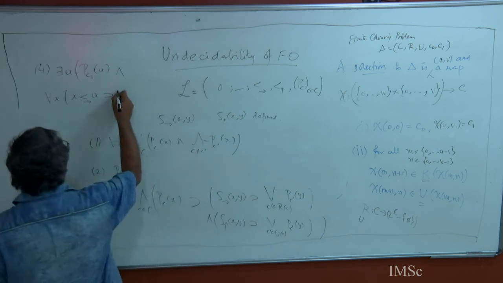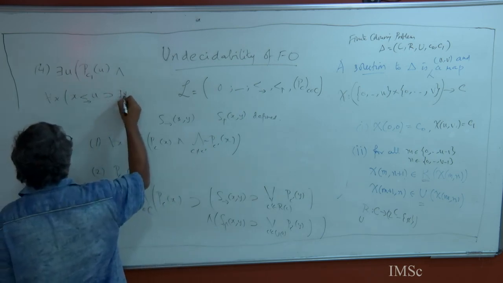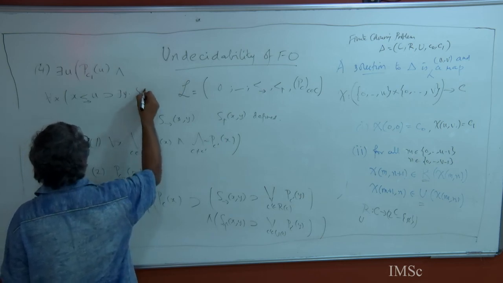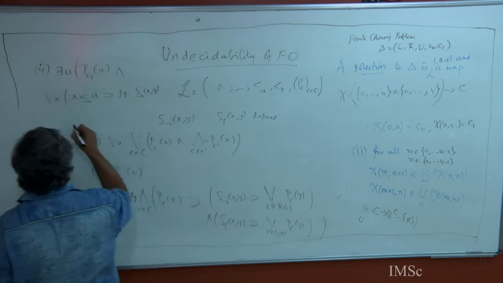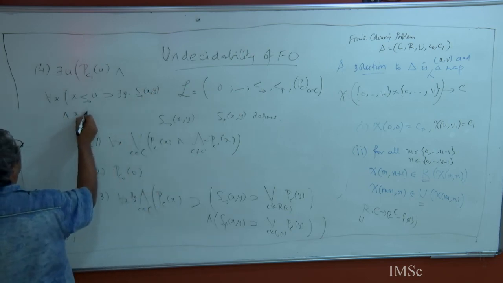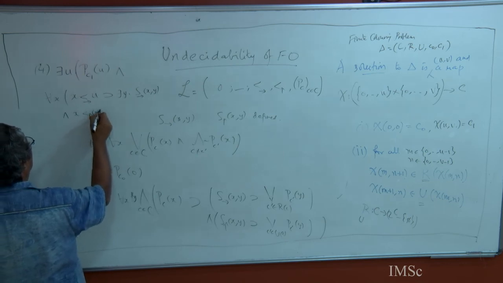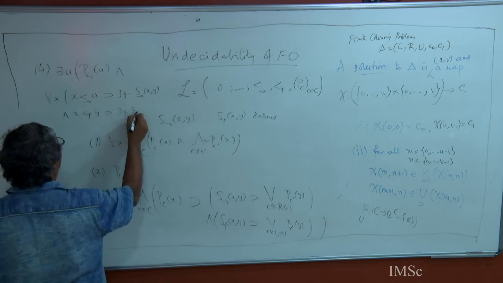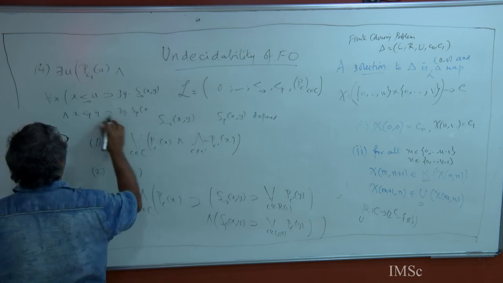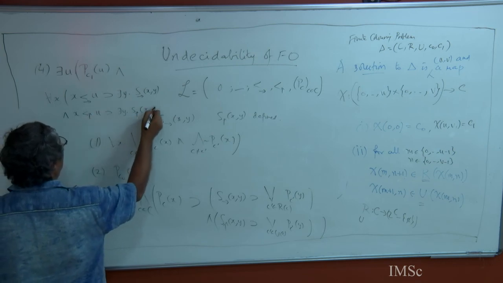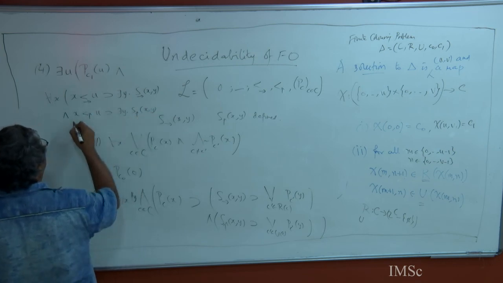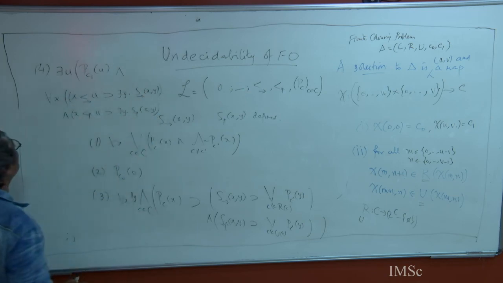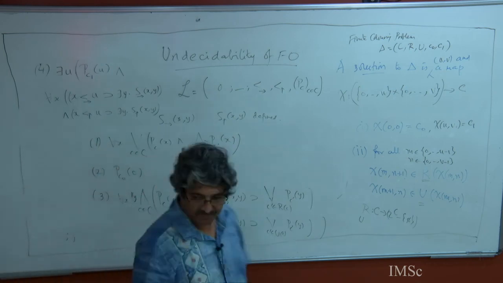So I want to write there exists z, there exists y such that right successor of x is y, and there exists y, u, sorry, and then I think this is enough.